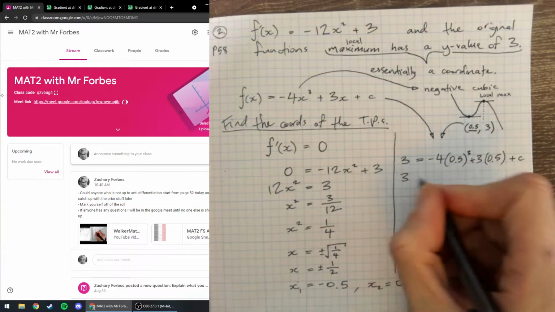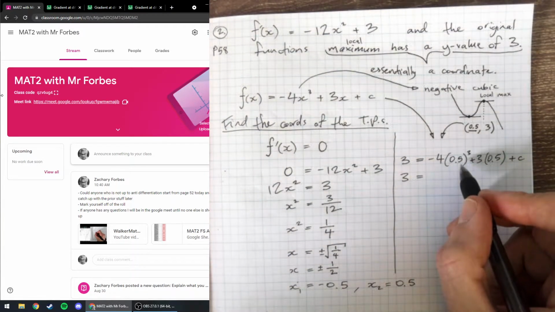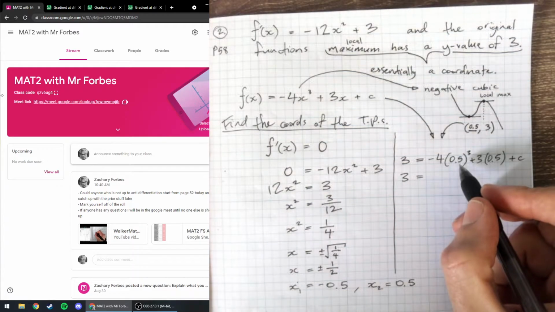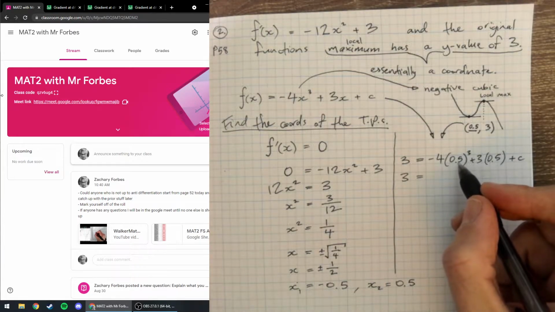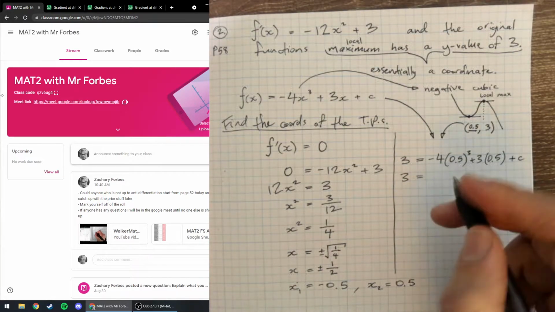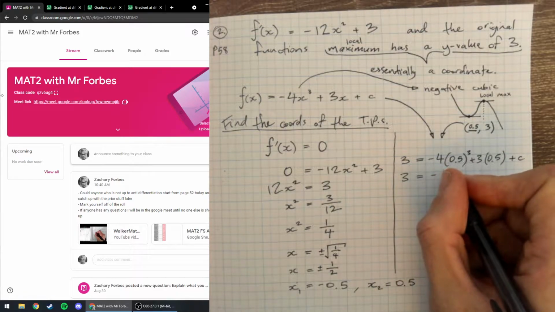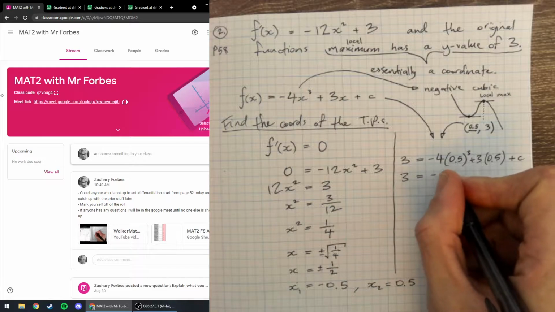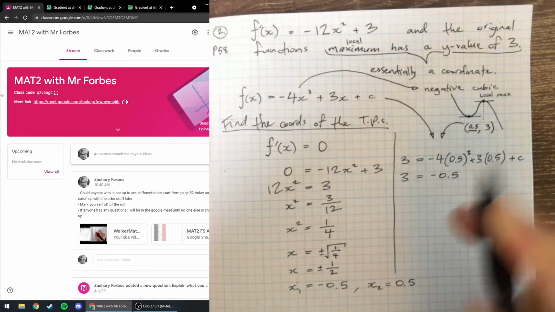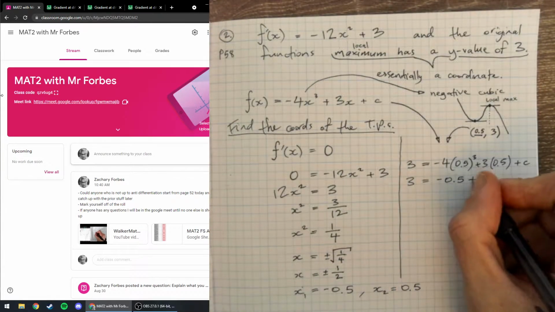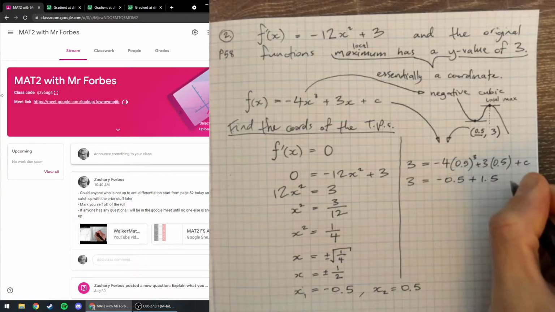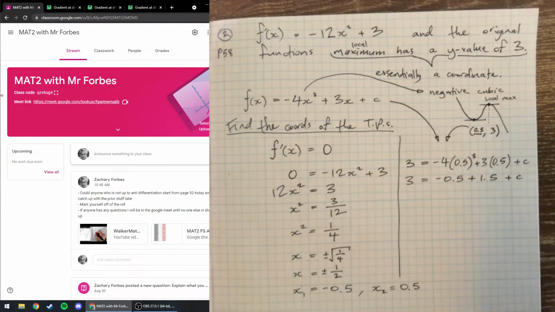So let's do that. 3 equals 0.5 to the power of 3. That half to the power of 3 is 1 over 8. Negative 4 times 1 over 8 is negative, I want to go to fractions so badly, but I shouldn't, 0.5 plus 1.5 plus c.